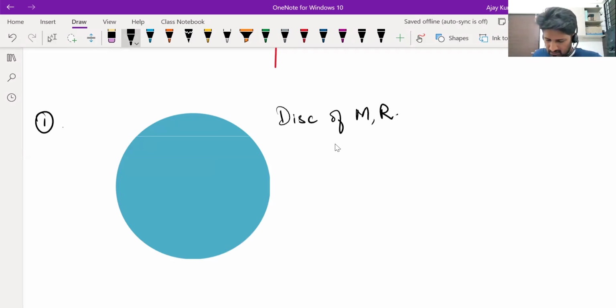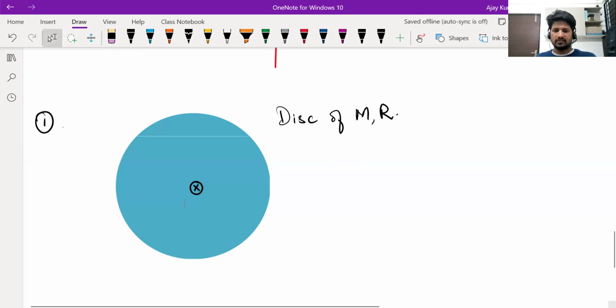Anyone other than Vanilla, tell me how much is the moment of inertia of a uniform disk about its own axis? Half mr square, mr square by 2, correct.